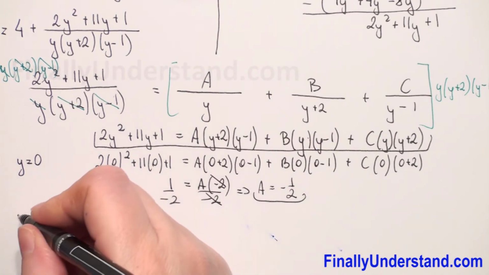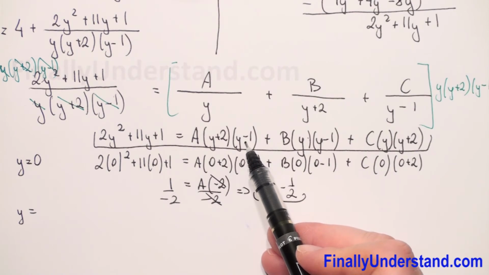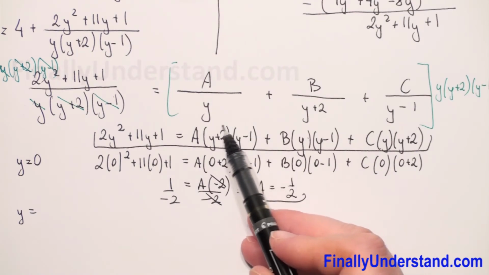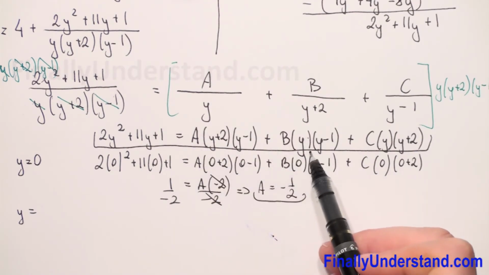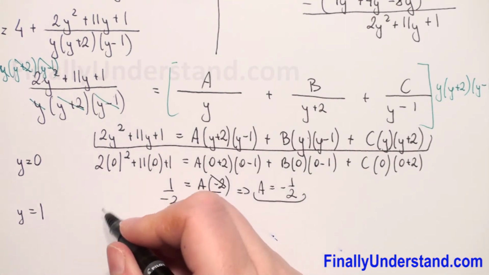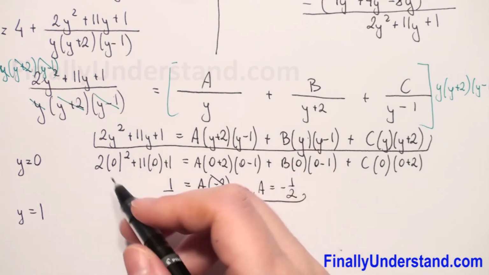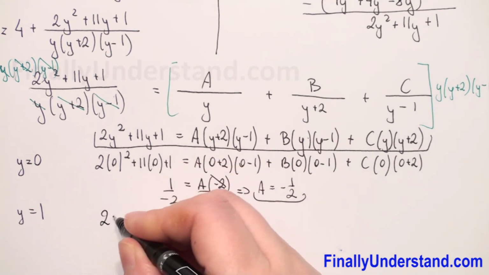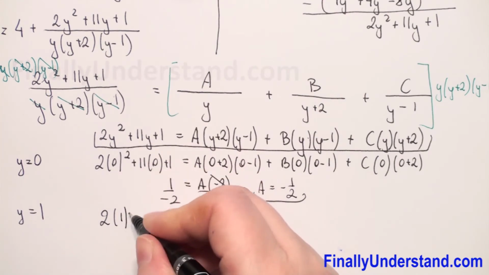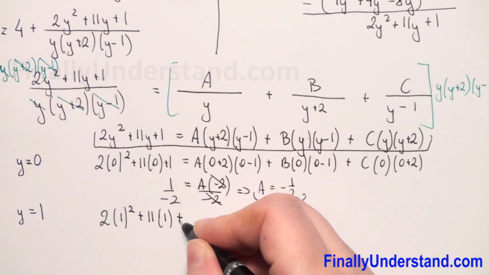So let me take that now y is equal 1. We will have 1 minus 1 give me 0. So this term will reduce and the second term will reduce. We have to now substitute y's by 1. So on the left side we have 2 times 1 to second power plus 11 times 1 plus 1.